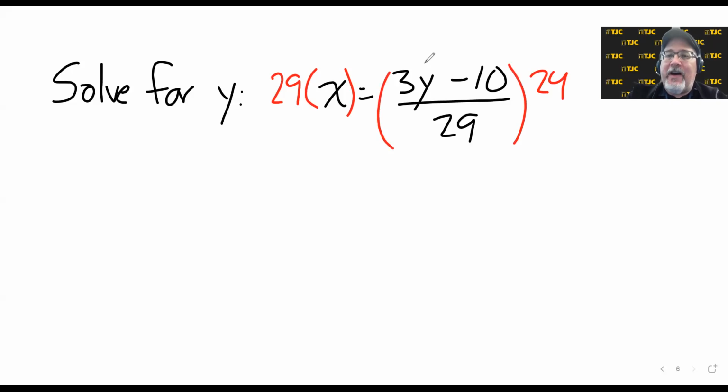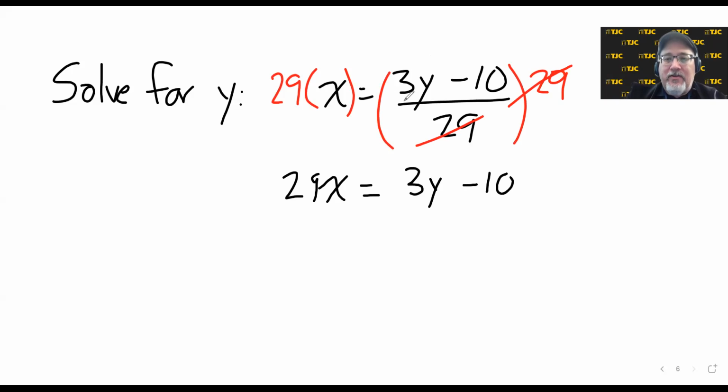Times 29 and divided by 29 are inverse operations, if you will, in the sense that they cancel, and that will leave on the left 29x and on the right 3y minus 10. And now I'm going to get rid of the minus 10 by adding 10 to both sides. Or rather trying to add 10 to both sides. I said try, because even though on the right side the 10s cancel, what am I going to do on the left side?